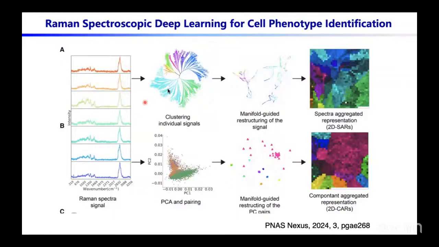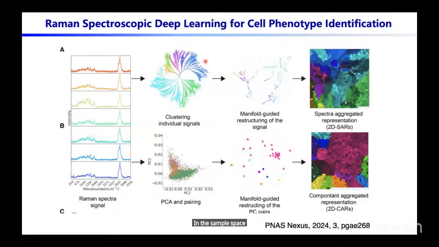So here, a manifold learning method is applied. You have the original Raman imaging for different cells, right? And then you can analyze the pattern of the Raman spectra in the sample space.